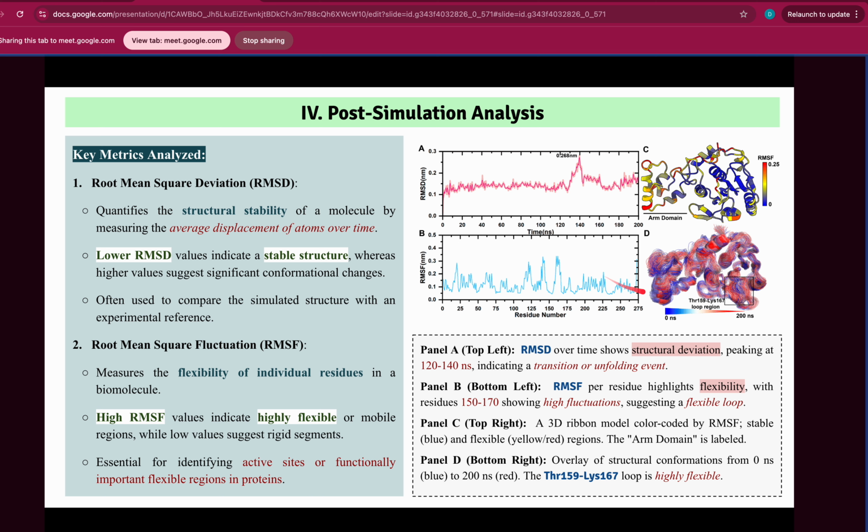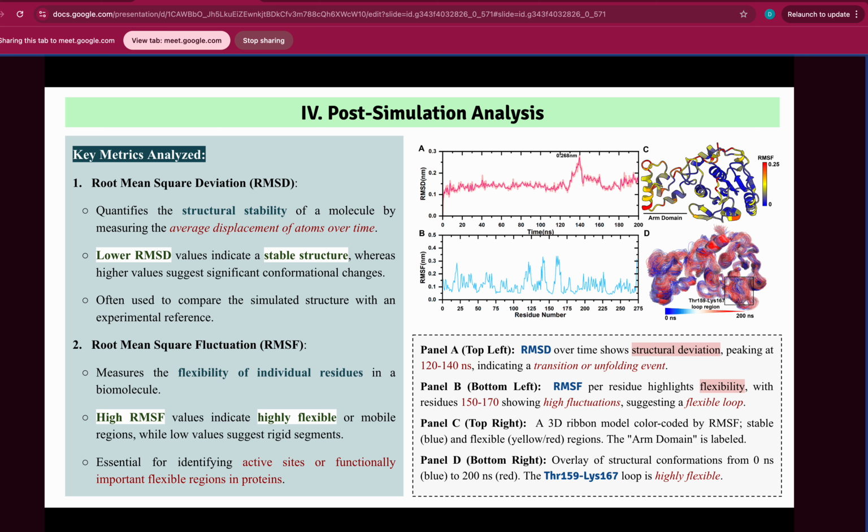This figure is adopted from another paper in which they have studied RMSD and RMSF. So what does this figure tell you? It tells you how my RMSD is changing with time. The x-axis is my time point, and RMSD is the distance between the positions of my atoms from my protein at the current state versus the reference.